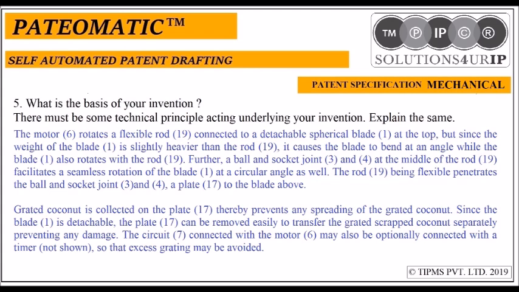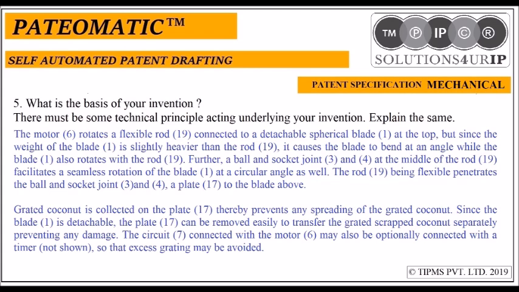For example, in this particular device, the round blade at the top, the ball and socket joint in the middle, and the electric motor at the bottom are interconnected with an internal connecting rod. And unless the electric motor is switched on, the ball and socket joint does not act, and therefore the cutting blade at the top is not able to cut the coconut as well.